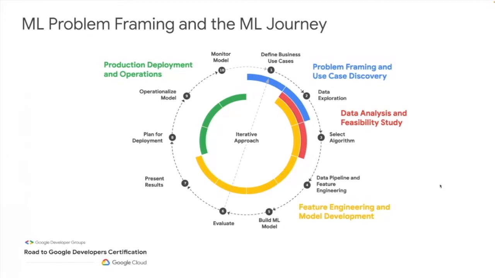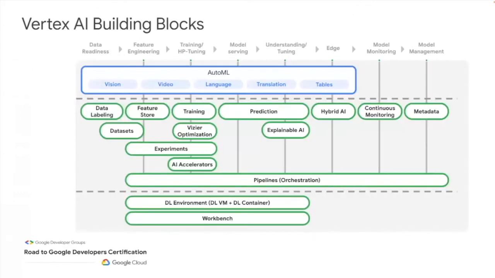That being said, Vertex AI is one of the ways to do machine learning models. And these are the building blocks. You can see it from the data readiness, feature engineering, training, model serving, understanding and tuning, edge, model monitoring, and model management.